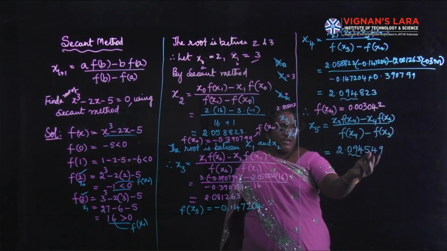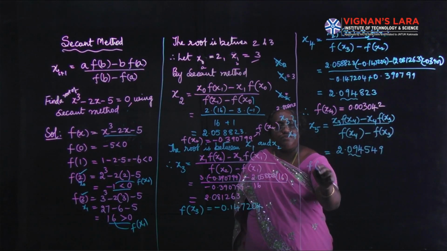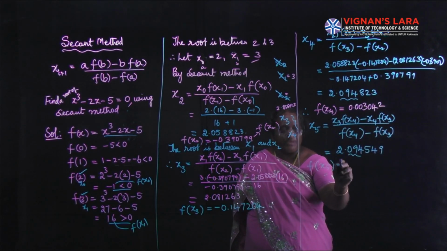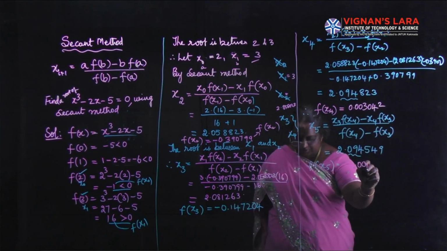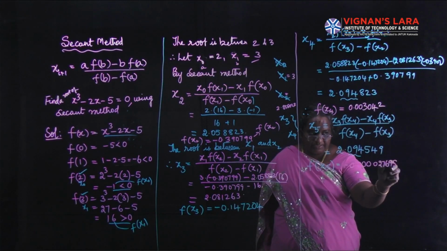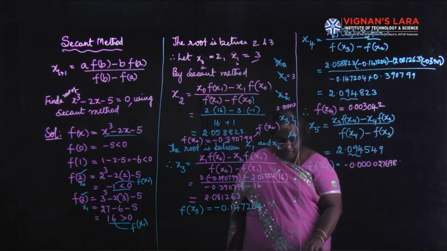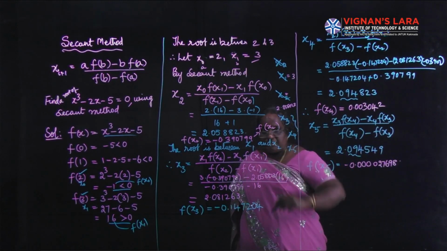So we were able to reach 3 digits after the decimal, 094. Next we need approximation to 4 digits after the decimal. So now what is f of x5? f of x5 comes to be minus 0.000027698. So we got x5. Now we will not consider x3.